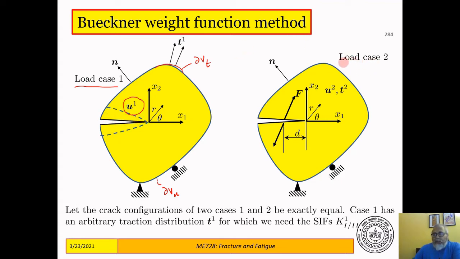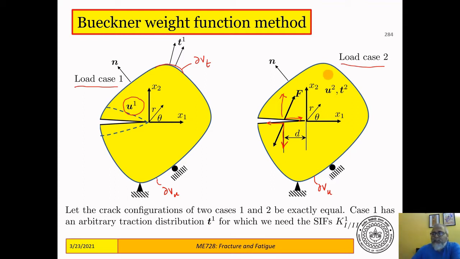Now I have a load case 2 where I don't have any remote tractions applied on the outer boundaries. The ∂V_U is the same as in load case 1, but I have a concentrated force F applied at a distance d from the crack tip, and this F has two components, P and Q, which are equal and opposite on the top face and the bottom face, so that the body is in equilibrium under these two loads.